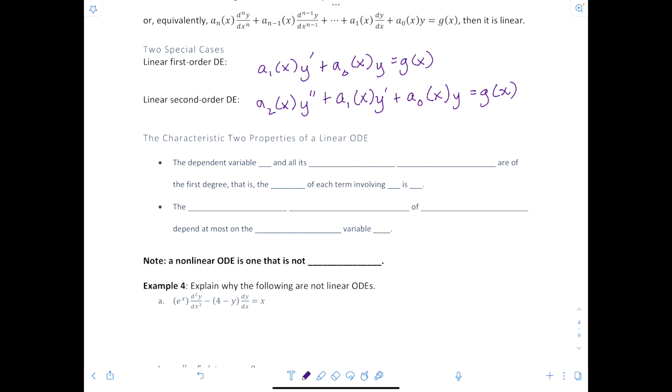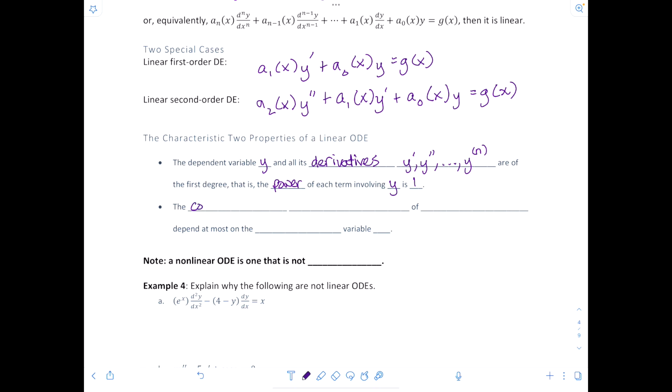The dependent variable y and all its derivatives y prime, y double prime, etc., all the way to that nth derivative of y, are of the first degree. That is, the power of each term involving y is 1.